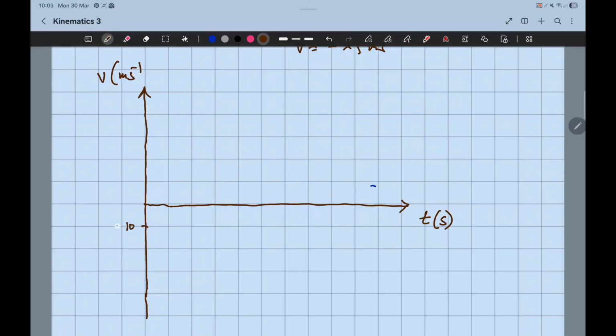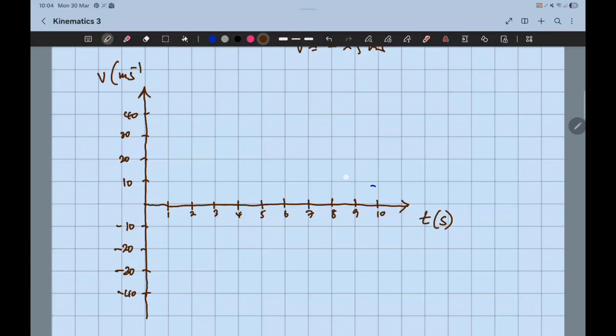So here -10, -20, -30, -40. Then here 1, 2, 3, 4, 5, 6, 7, 8, 9, 10. Here 10, 20, 30, 40. Right.